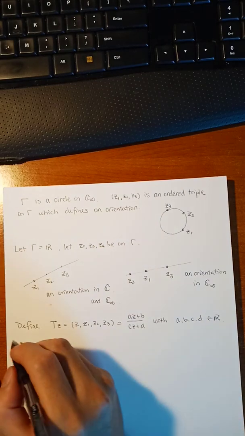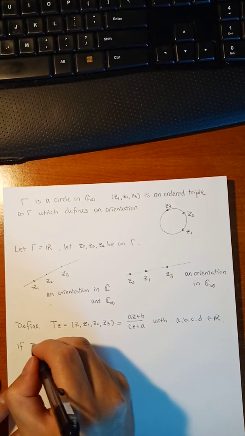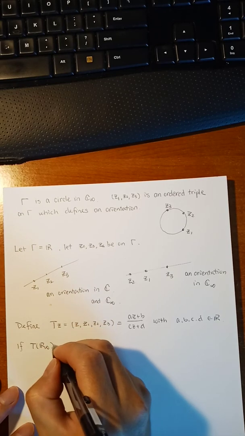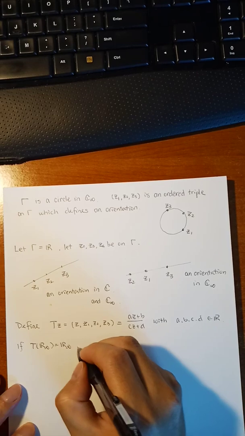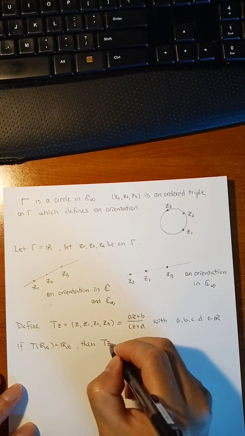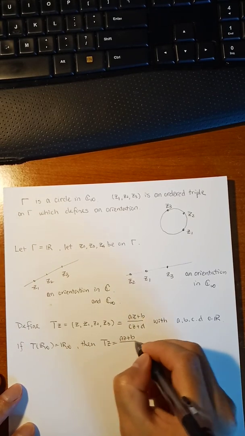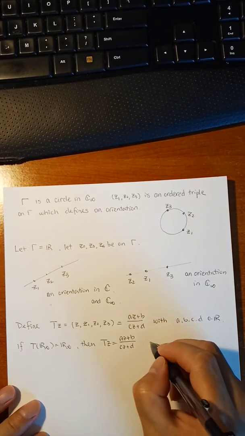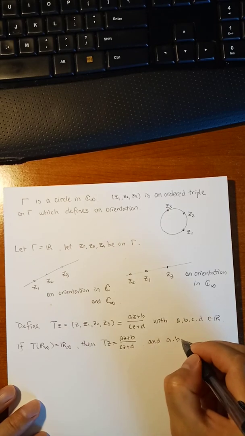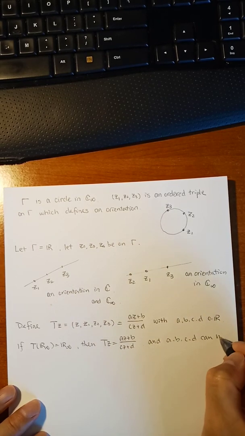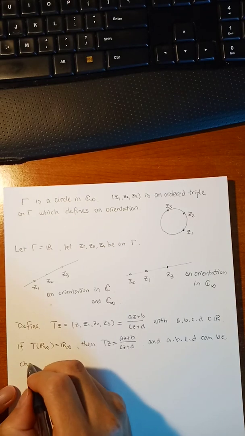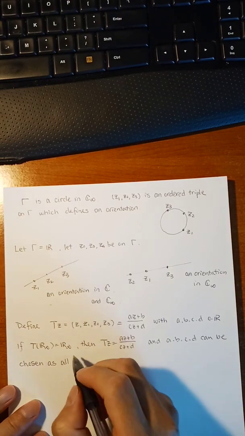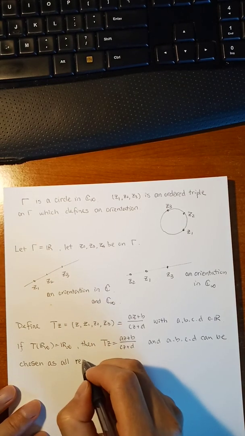Another thing, if a Mobius transformation T, not necessarily this T, an arbitrary Mobius transformation T, maps the real line to the real line, then T(Z) equals (AZ + B)/(CZ + D), and A, B, C, D can be chosen as all real numbers.